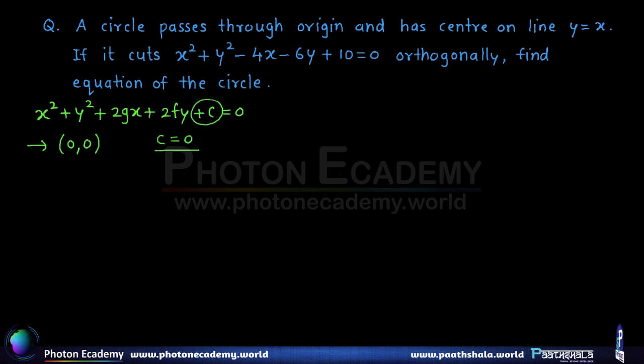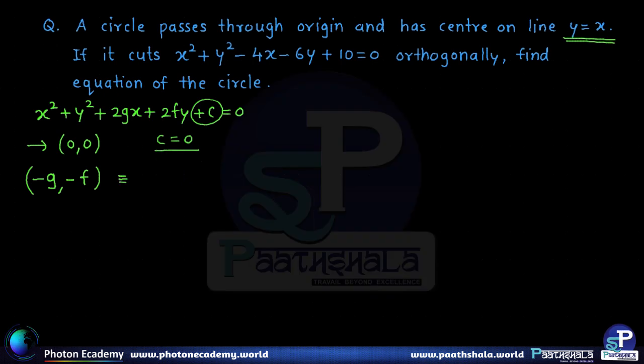And also since the center lies on y equal to x, the center, which is normally given by minus g comma minus f, we can write as minus g comma minus g only, because both coordinates are the same. Or in other words, we can also assume that g is equal to f.